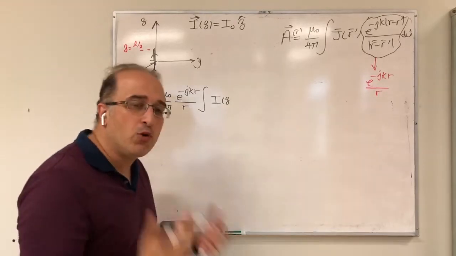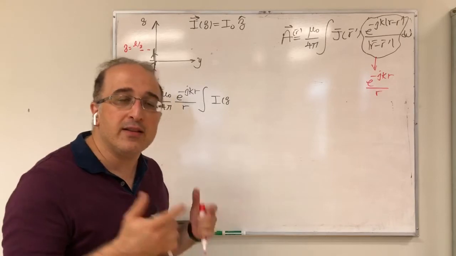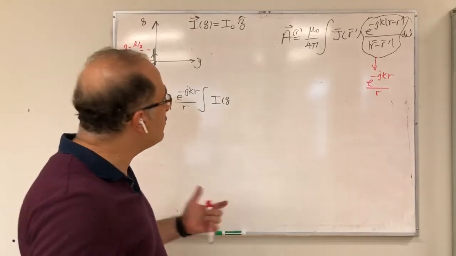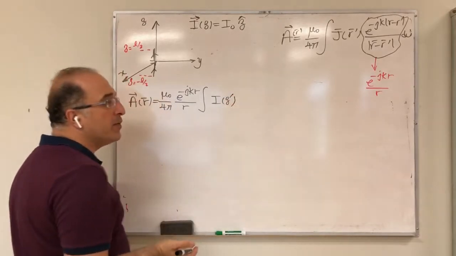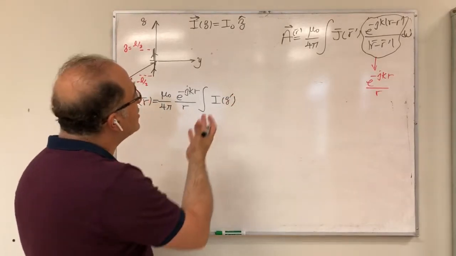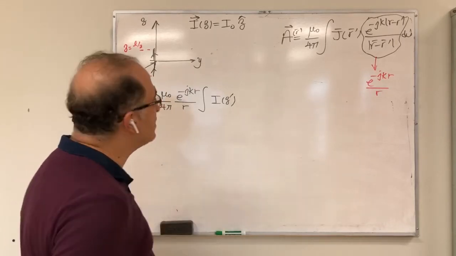Usually the prime coordinate is used to indicate that we are integrating over the source. So if you prefer to be consistent, you could also use Z prime. It's just a standard method saying that we are integrating over the source, which is the current.